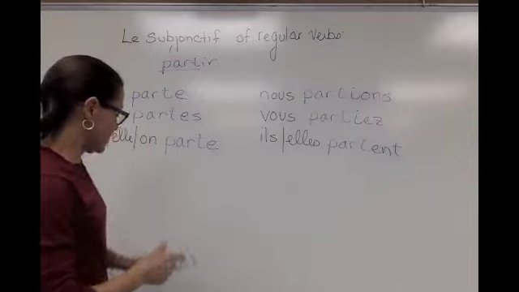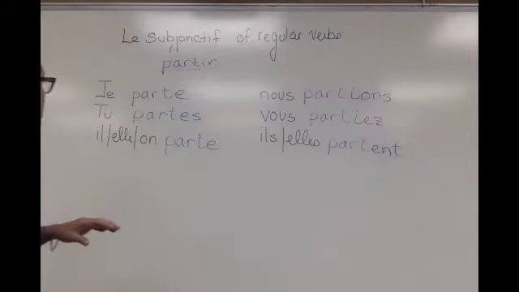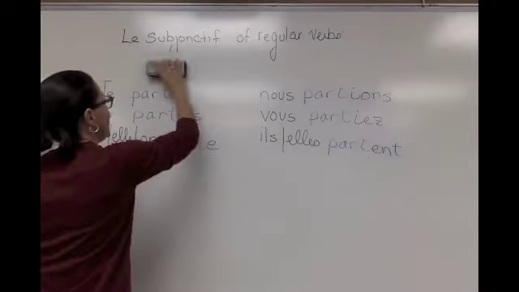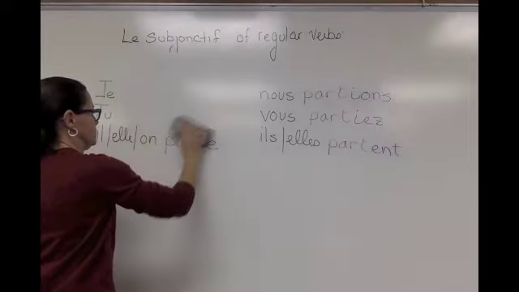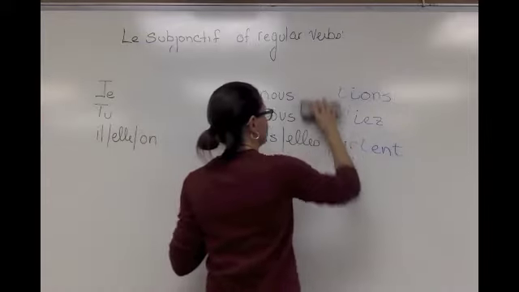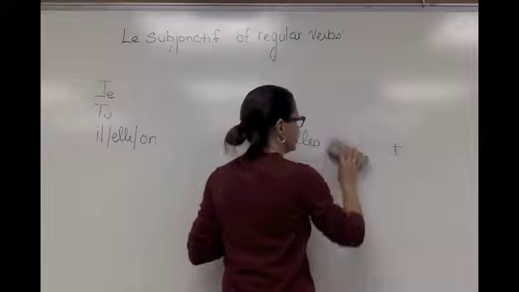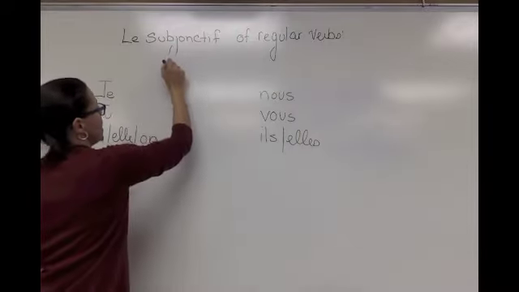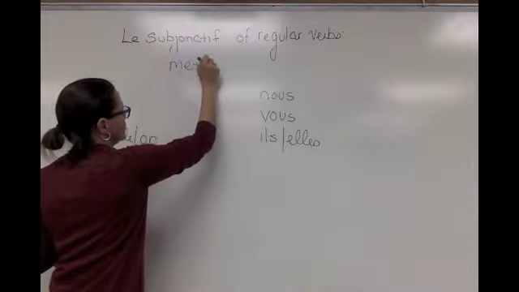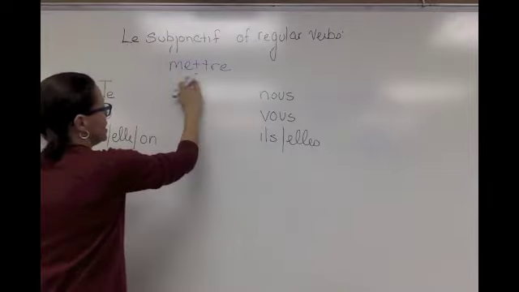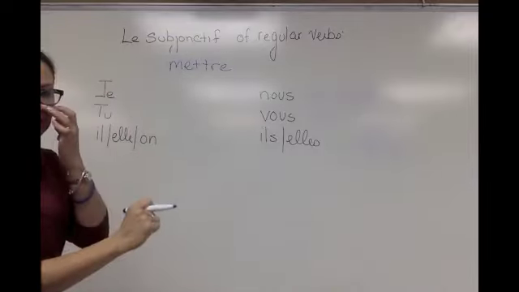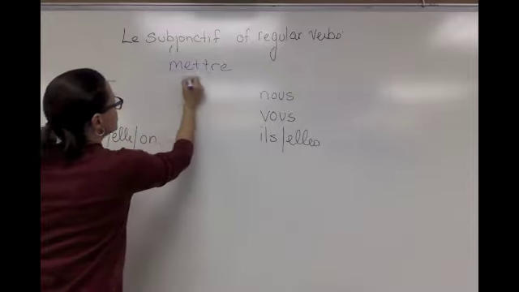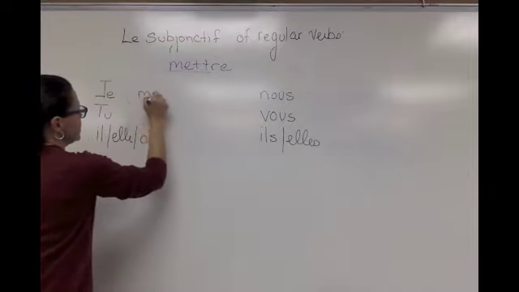Another example that I can give you is another RE verb. Let's do mettre. Mettre in the present tense is irregular. Je mets, tu mets, il met, nous mettons, vous mettez, ils mettent. But in order to build your subjunctive, you're going to use METT.